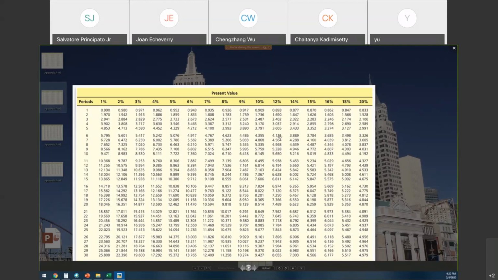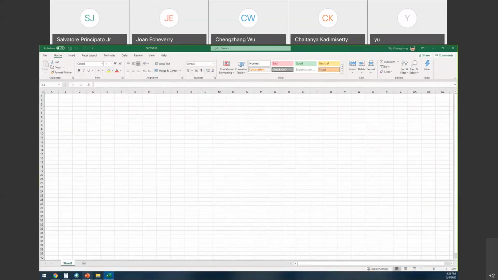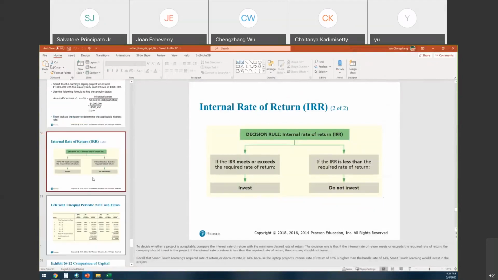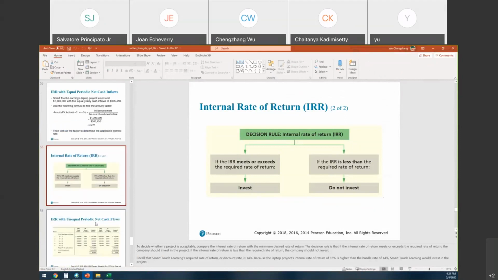Later in this class, I will show you how to use Excel to do this. Well, this is the calculation about IRR with equal periodic net cash inflow.